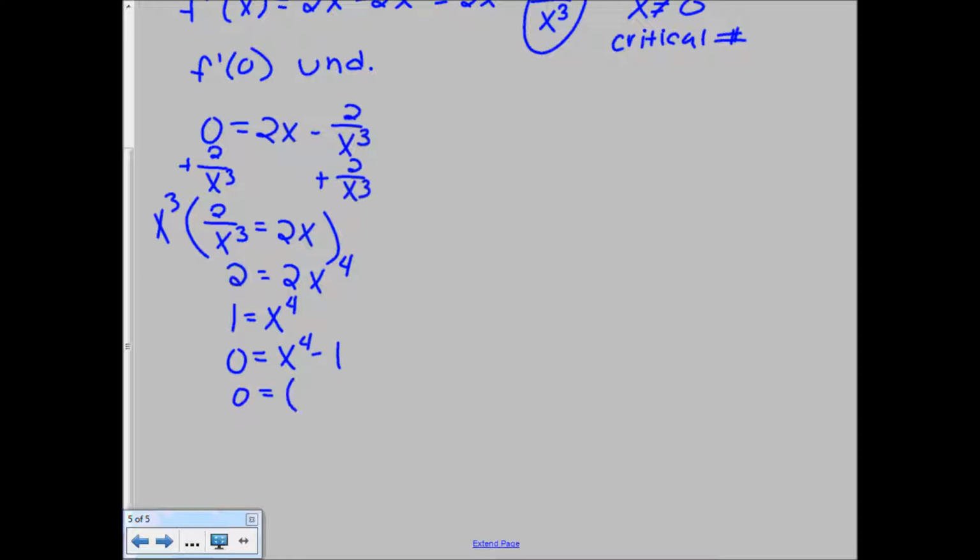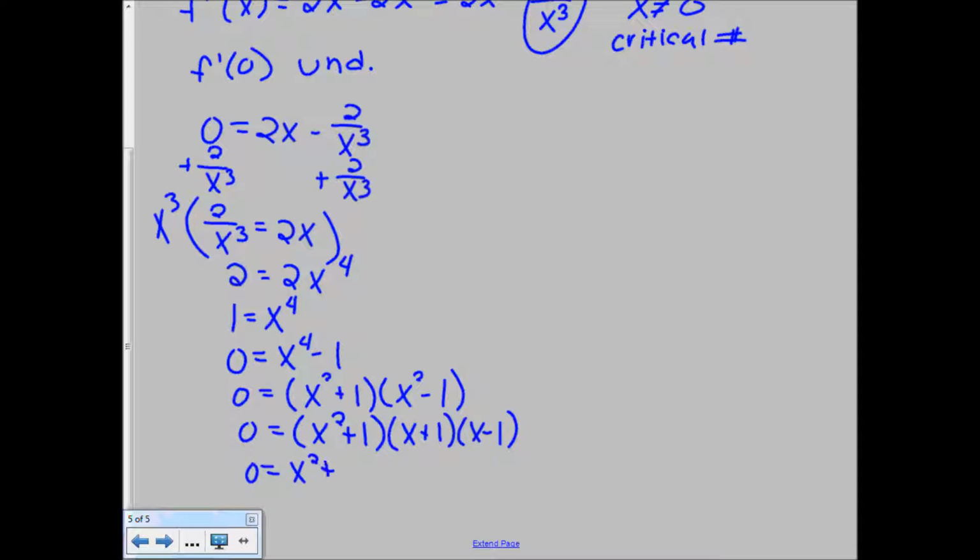Then all we have to do is factor. So that's going to factor down into x squared plus 1 times x squared minus 1, or x squared plus 1 times x plus 1 times x minus 1. Now we just have to set each term equal to 0 and solve that.